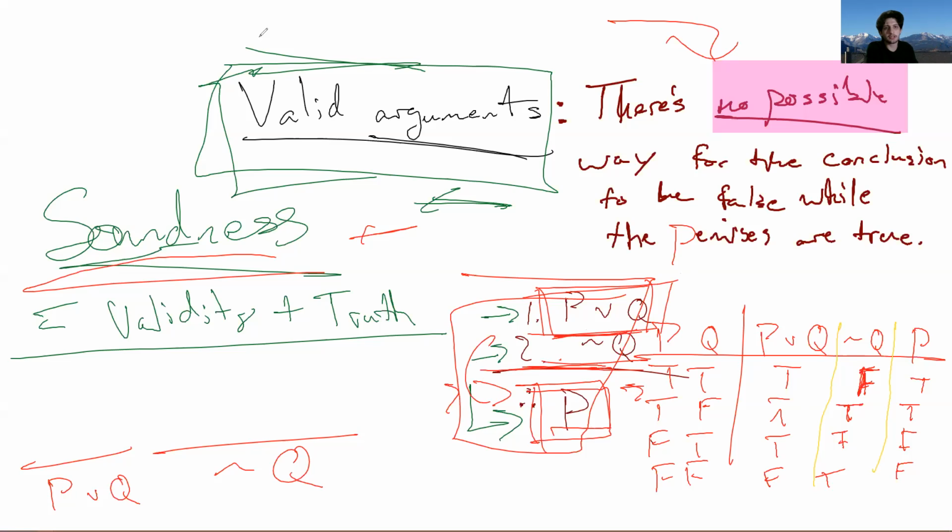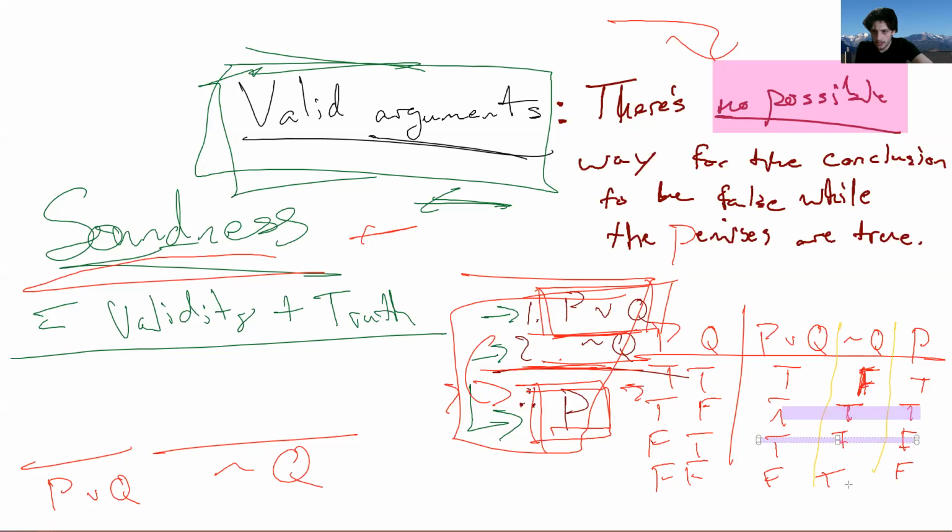And we can see that really quickly with the truth table. So we'll just check every row. Do we have true premises? No. So it doesn't even matter if the conclusion didn't follow. The only way for this argument to fail is if both of the premises are true and the conclusion turns out false. So world one doesn't invalidate us. World two, we're still okay because everything is true.